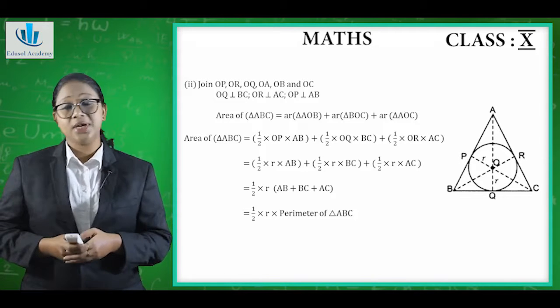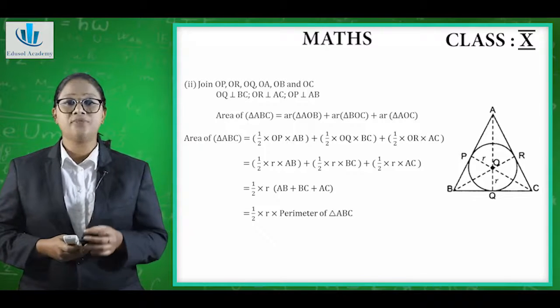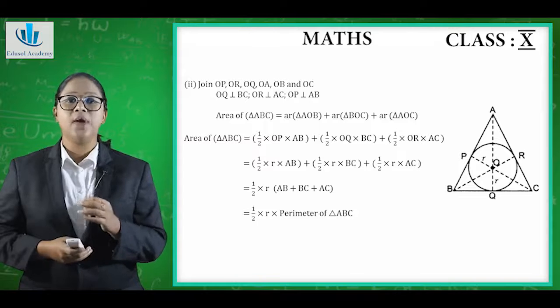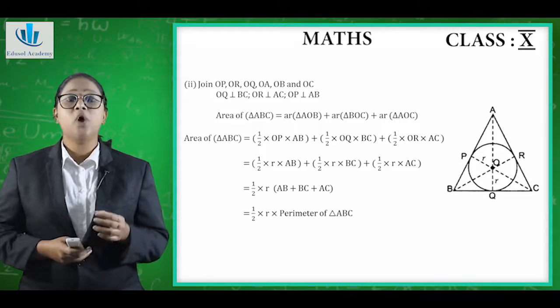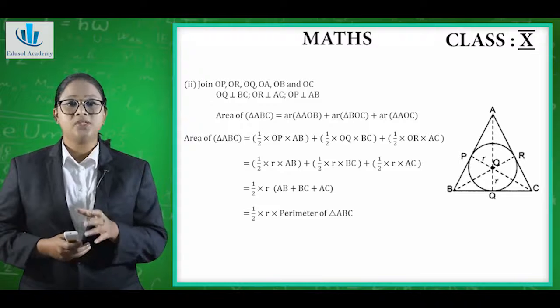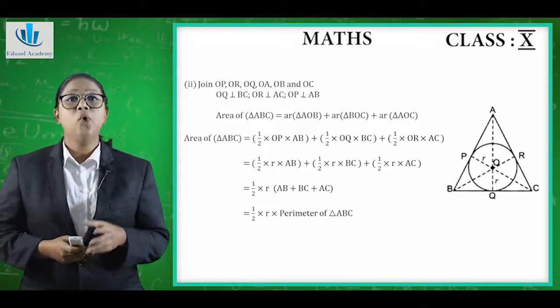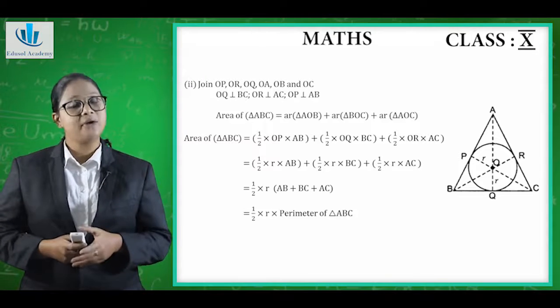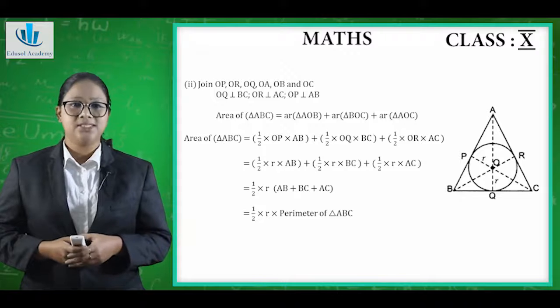Now, all three triangles are of the form half into B into H. So, area of triangle ABC is equal to half into OP into AB plus half into OQ into BC plus half into OR into AC.